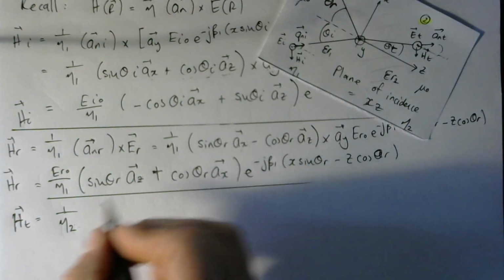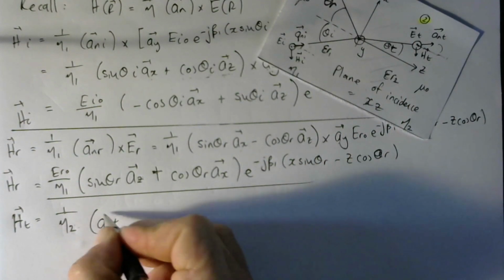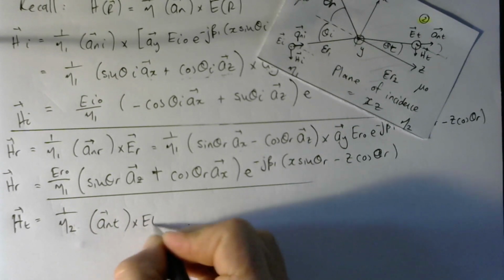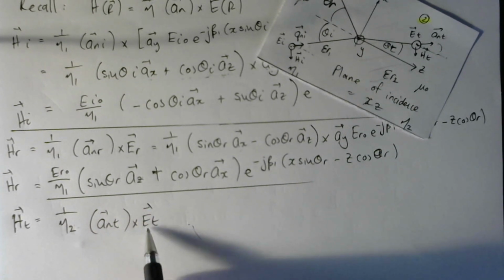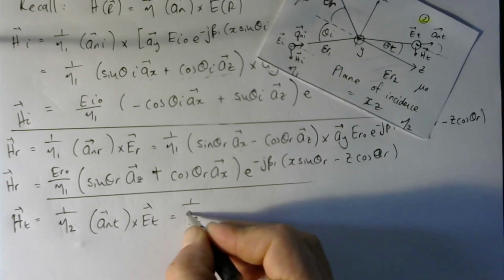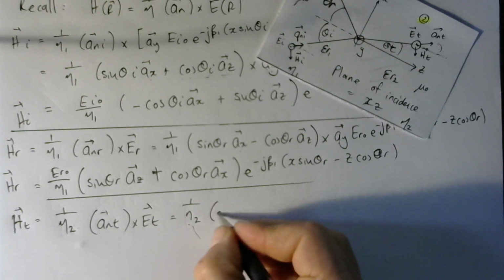Now the general equation is ANT cross ET. I have that and I have that, and we substitute them in. They look like this.